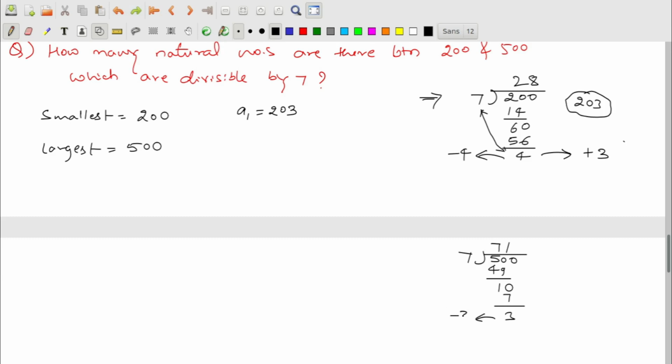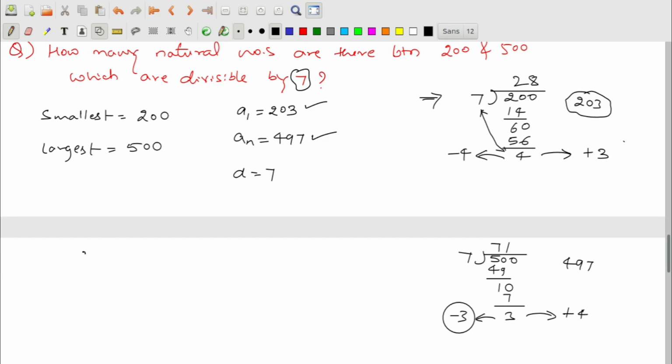Minus 3, or the addition of the difference, that is plus 4, right? But we need a number less than 500, because it is 200 to 500, so better go with minus 3. If you remove 3 from 500, you will be left with 497. So now the last term in the AP is 497. We got the smallest number and the largest number divisible by 7, then d will be 7.